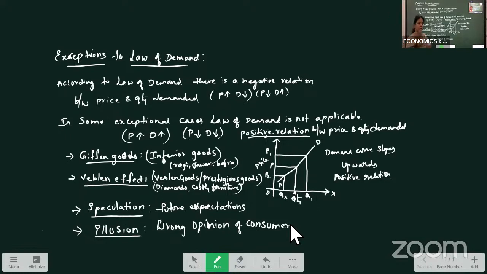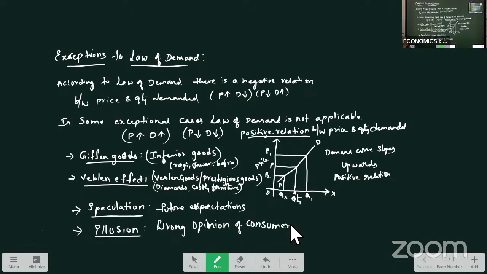Normally, if the price is low, we feel that it is not of good quality. With a branded one, with a company name, we pay more because we feel the quality will be better. So it is the wrong opinion of the consumer, a false idea that high priced goods will have better quality than low priced ones.